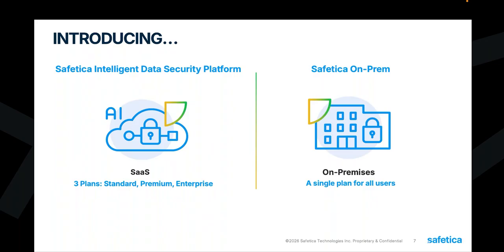So going forward, our two offerings on the left there are Safetica Intelligent Data Security Platform, which is our SaaS solution. And you'll also hear us refer to this throughout the presentation as Safetica Platform for short. And then our other offering is Safetica On-Prem. So Safetica Platform on the left, it extends data security for cloud and on-prem workloads and is powered by AI.